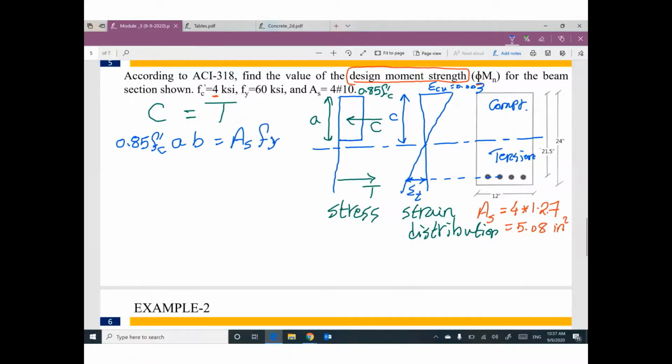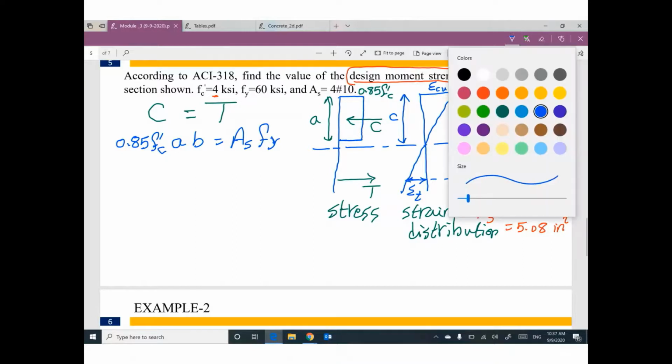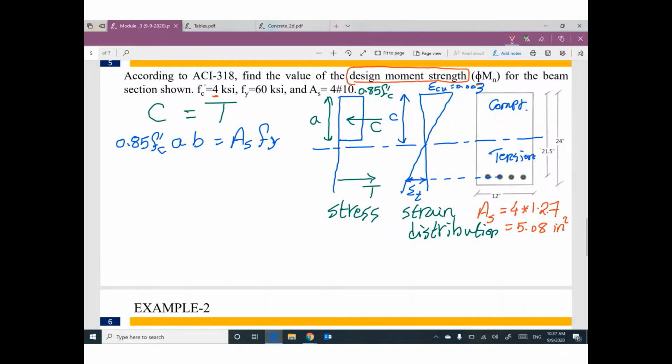Guys, remember and be careful. Units of f'c must be the same as fy. If this one is ksi, this one must be ksi. If this one is psi, this one will be psi. So I will keep both of them in ksi.